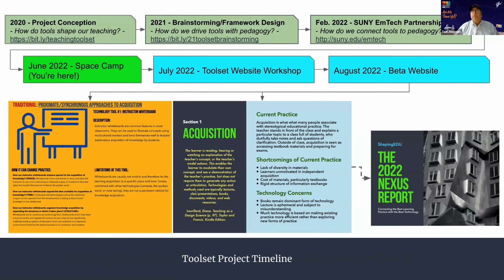So let's talk about where we've come from and where we're going. This project has actually been around for a couple of years now, but it's reshaped itself on a couple of occasions. First of all, this kind of started out literally on the eve of the pandemic, when I started playing around with this idea of trying to figure out how tools shape our actual teaching. Just a little background, I'm a social scientist by training.